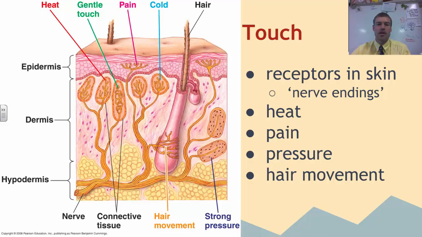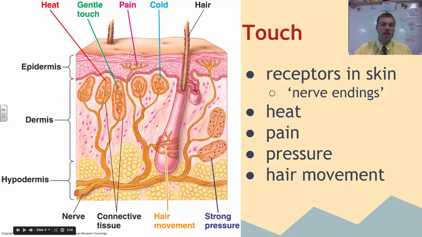Let's begin with touch. The receptors for touch are found in the skin. Whenever people talk about nerve endings, that's what they're referring to, these different receptors. We've got four different types that we find in our skin. We've got heat, pain, pressure, and hair movement. So the different sensors are in different places.